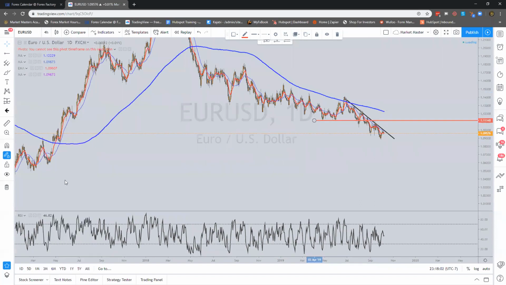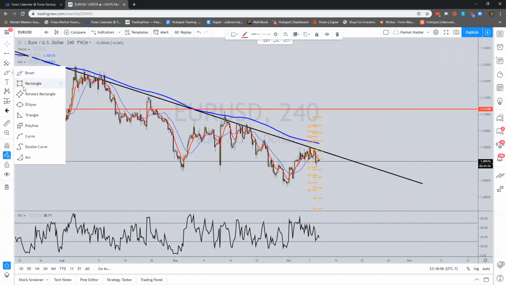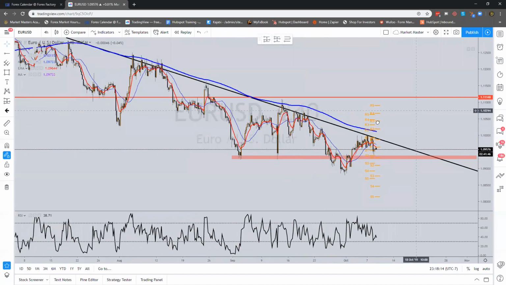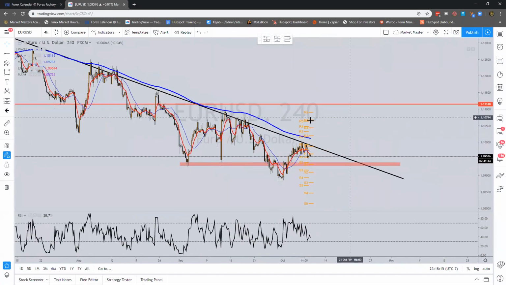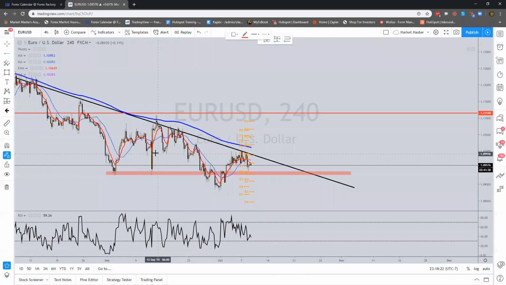Okay, going to go down to the 4-hour. We just got this zone right here. It did an inverted head and shoulder, shot up. Right now it's coming down. Got another strong support right there where it hit resistance here.